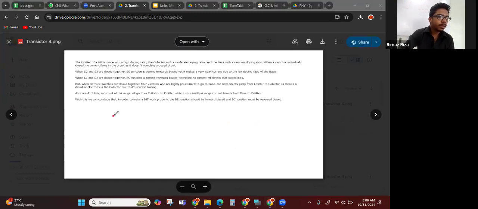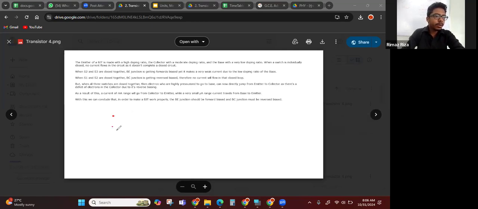One point is that the doping concentration in the emitter is higher than that of the collector.